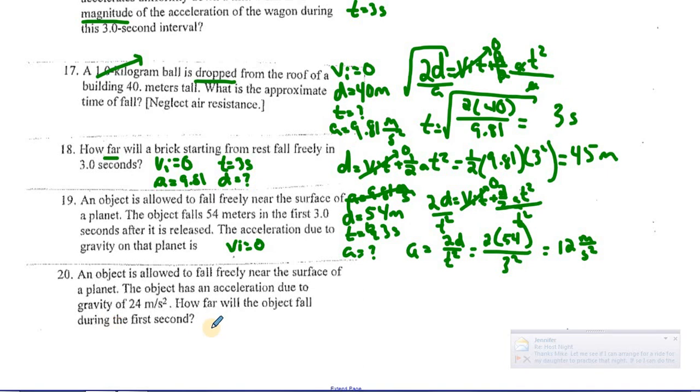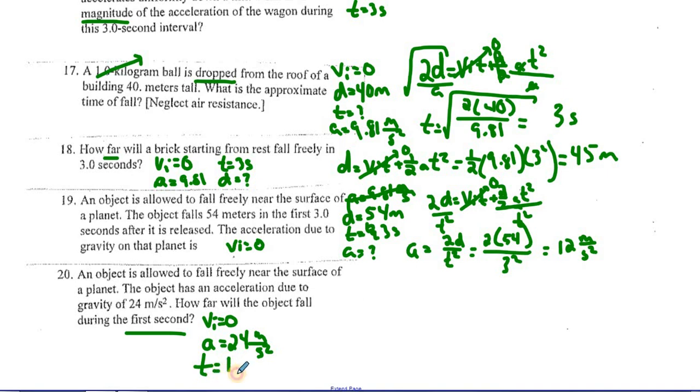An object is allowed to fall freely. Okay, so dropped from rest near the surface of a planet. The object has an acceleration due to gravity, a, of 24 meters per second squared. How far will the object fall in the first second? So be careful here, right? So that tells us a time of 1 second. So we're looking for how far, so we're looking for d.